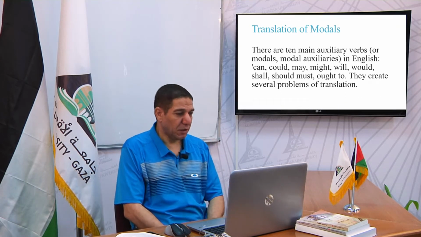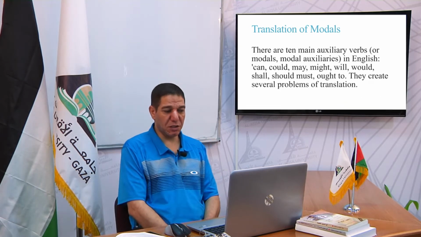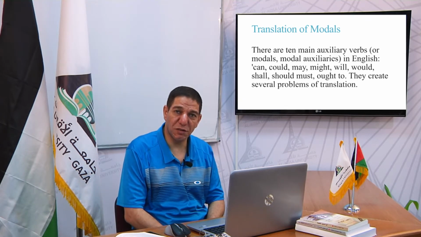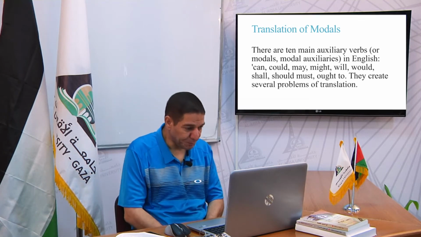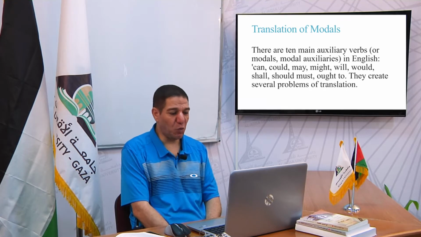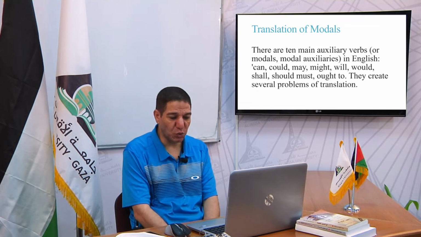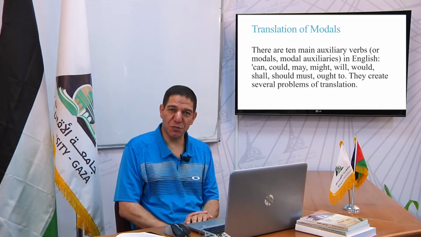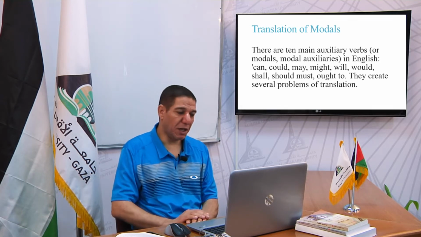We have 10 modals in English. They can also be called auxiliary verbs. These are can, could, may, might, will, would, shall, should, must, ought to. They create several problems when it comes to translation from English into Arabic.